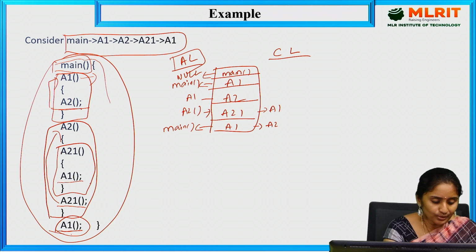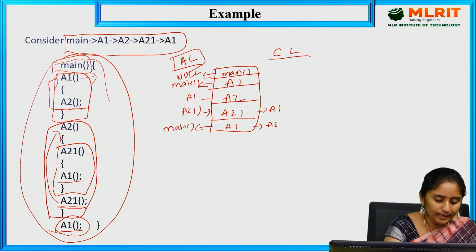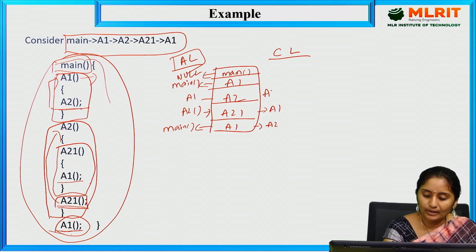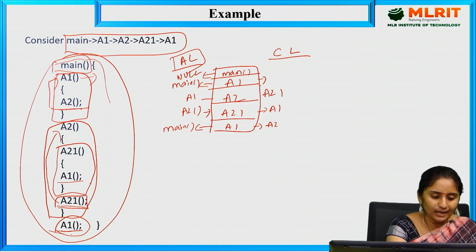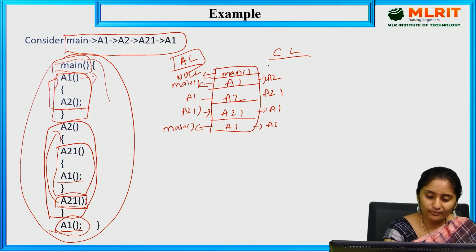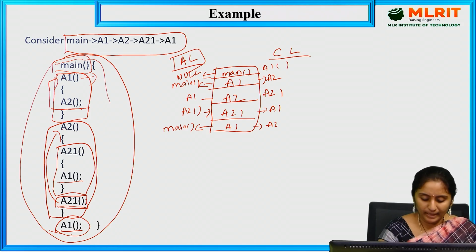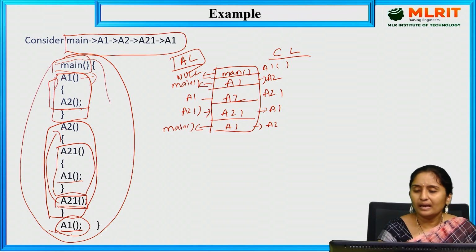And in A2 we have A21. Then in the next A1, I have an A2 function call. In the main definition, which one am I calling? I have an A1 function call.